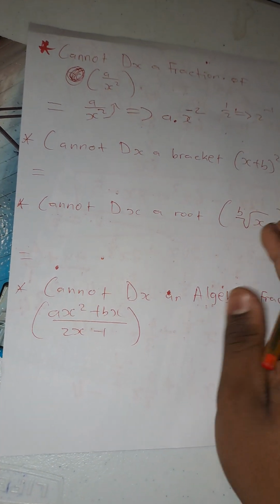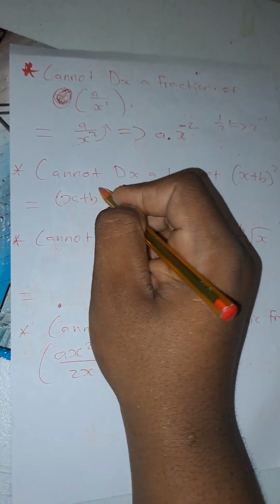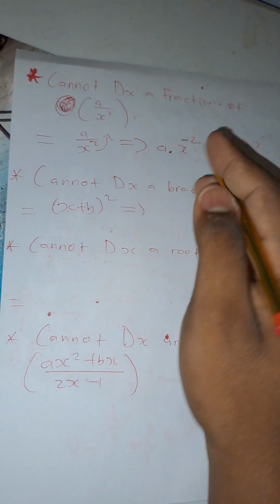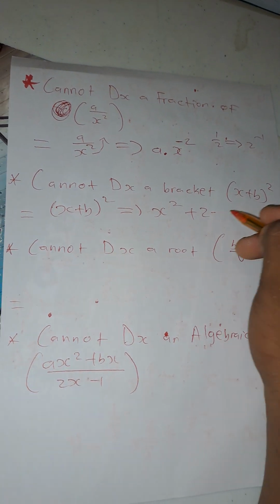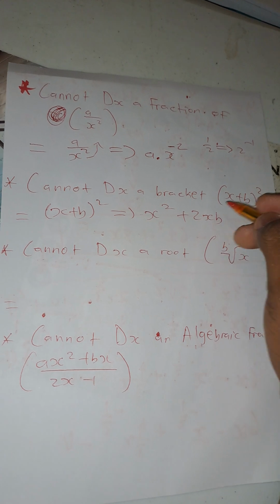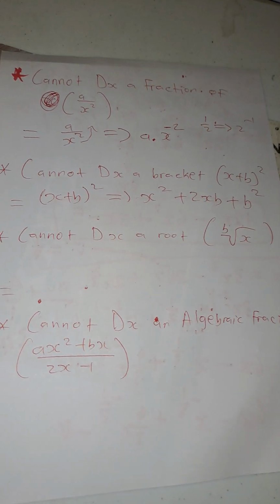So how can I do that? You have to expand. So (x plus b) squared is the same as x squared plus 2xb plus b squared. At this time, you must know how to expand straight.